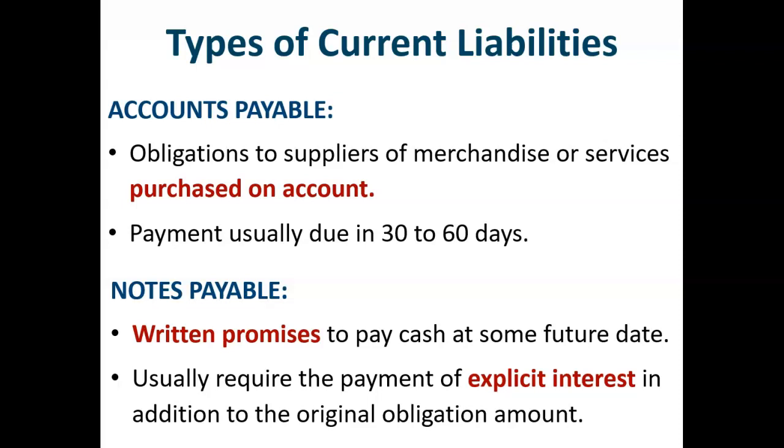The payment is usually due in 30 to 60 days. Notes payable are written promises to pay cash at some future date. Unlike accounts payable, notes usually require the payment of explicit interest in addition to the original obligation amount.